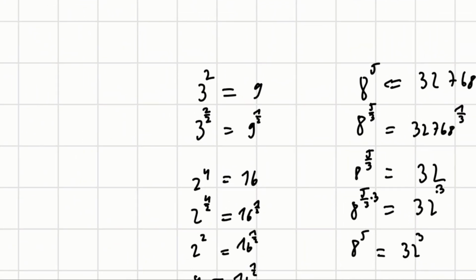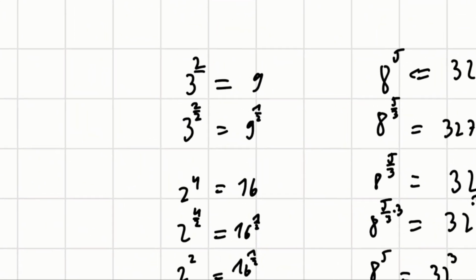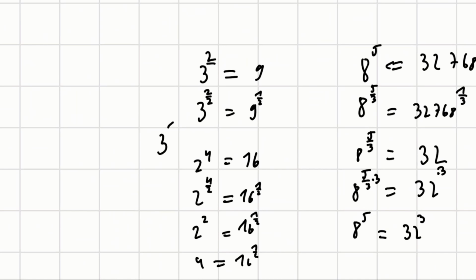So my idea behind this is quite easy. Let's say you have 3 to the exponent of 2, you get 9. Let's say you take the root of this, then you get 3 to the power of 2 divided by 2. We know this is equal to 1, so it's 3 to the power of 1.